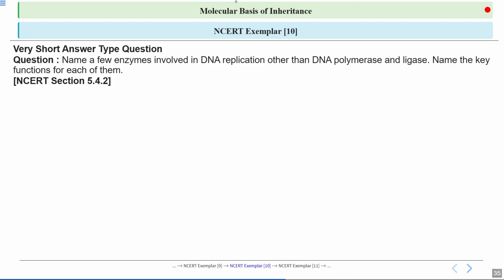DNA polymerase will only add nucleotides, and it can only add nucleotides at the 3' end of the primers. So that's why they are used.